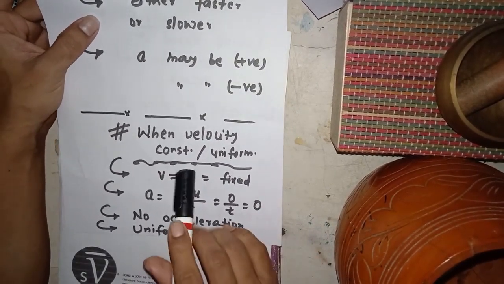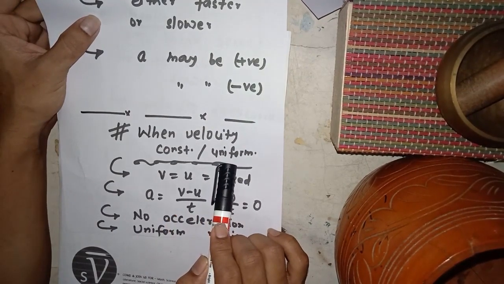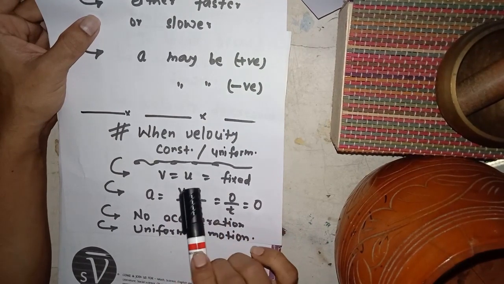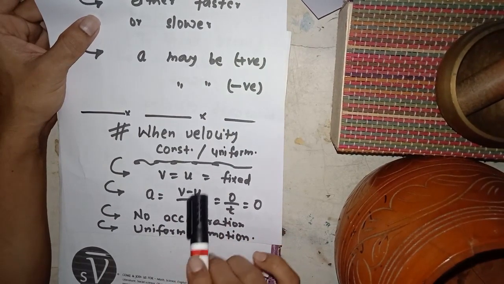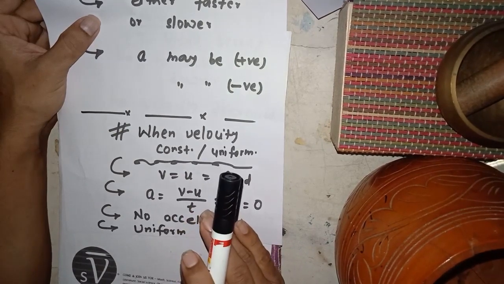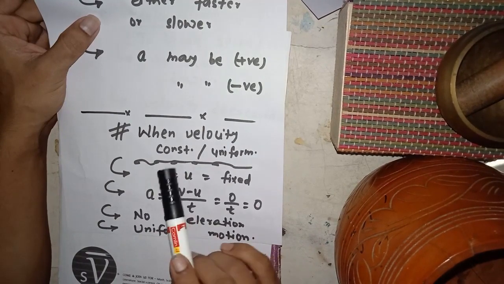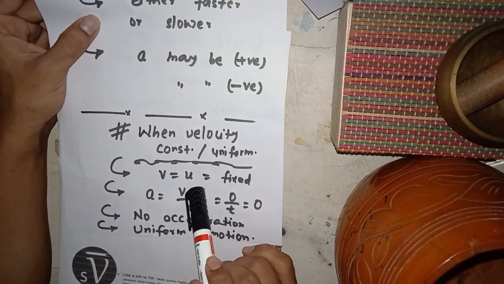So what do you mean when velocity is constant or uniform? I have already told you in the previous lecture that if the velocity is constant, it means at every point of instant the velocity is the same, so v is the same as u.